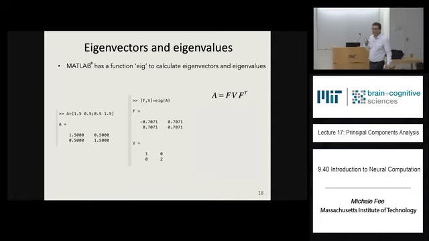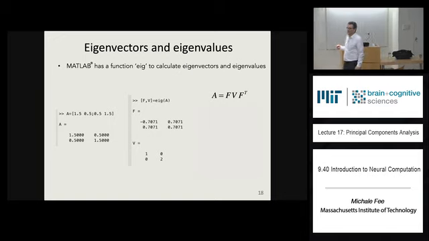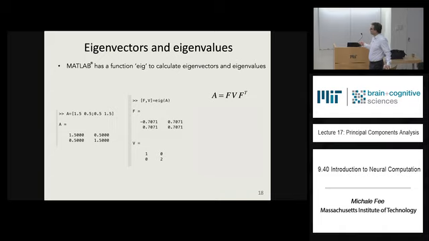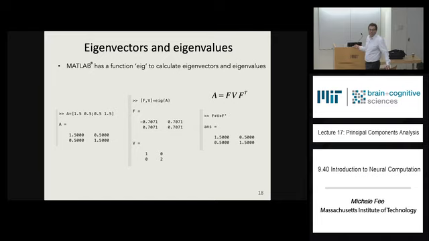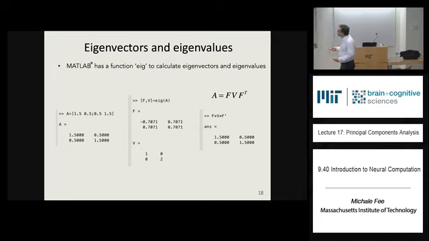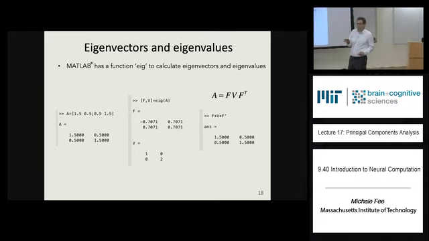F is just phi in the previous equation, and V is the lambda. Sorry, they didn't have phi and lambda in the options for variable names, so I used F and V. You can see that F V F transpose is just equal to A. Any questions about that?